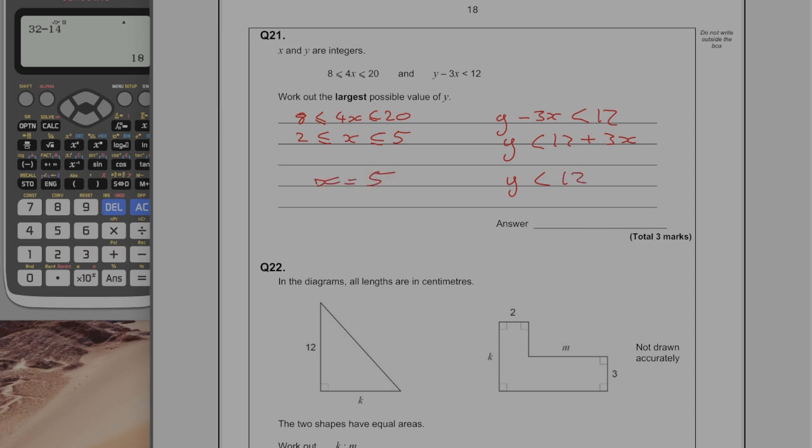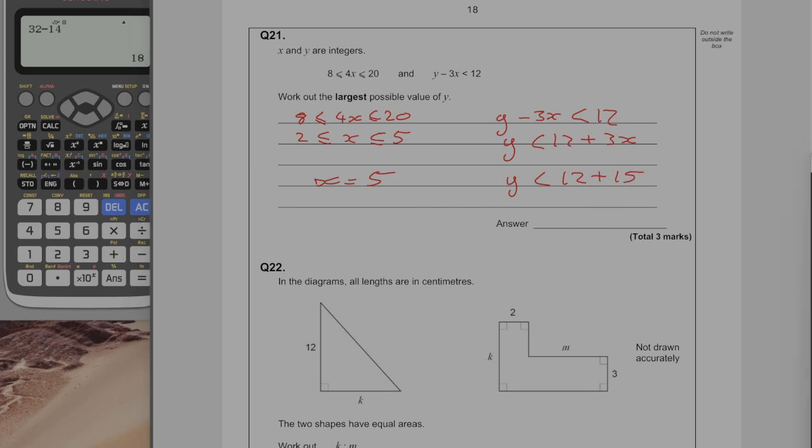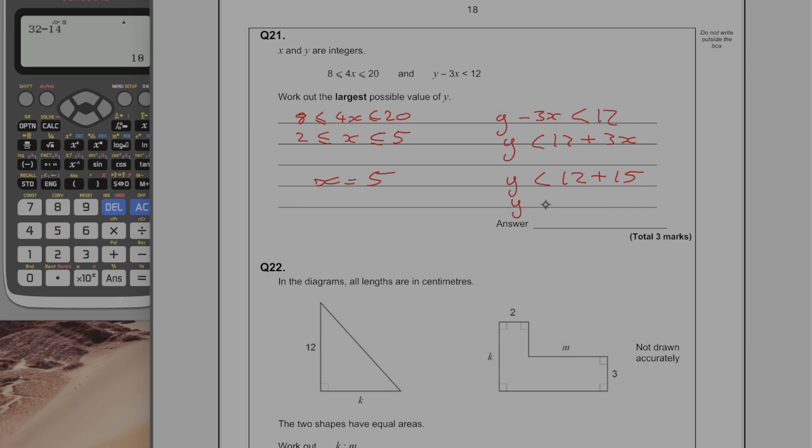So 12 plus 15, so y has to be less than 27. So if y has got to be less than 27 and we want the largest it can possibly be, and it being an integer, I'm going to have to go for 26.